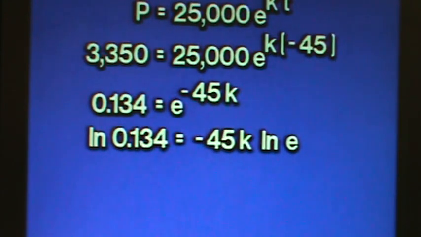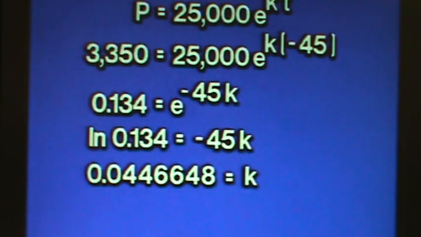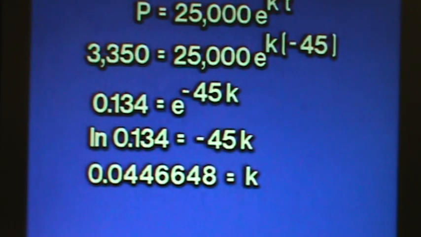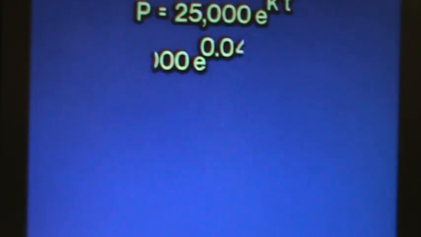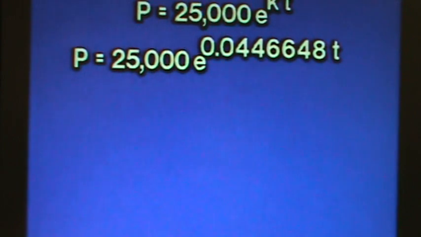Of course ln e is 1 and it goes out. And now dividing by negative 45 on both sides, we find k to be this rather long decimal. So what we'll do is replace this value of k into our mathematical model. So k is replaced with a long decimal, and we have this relationship between population and time.